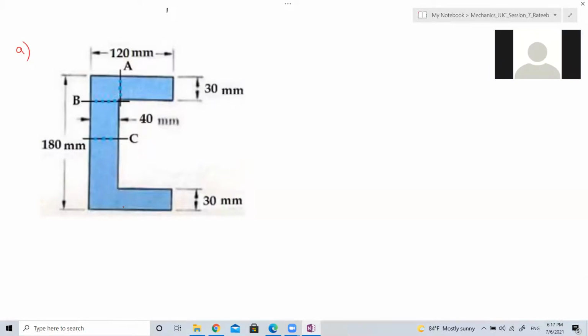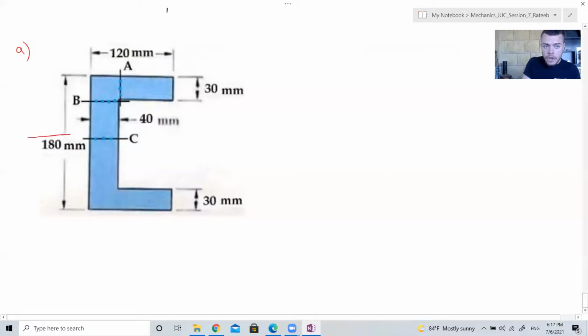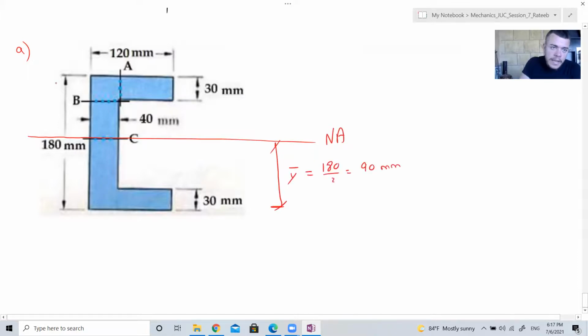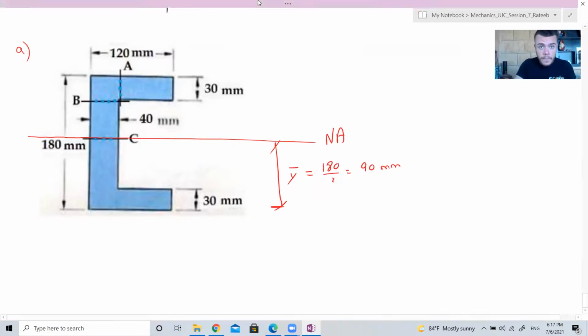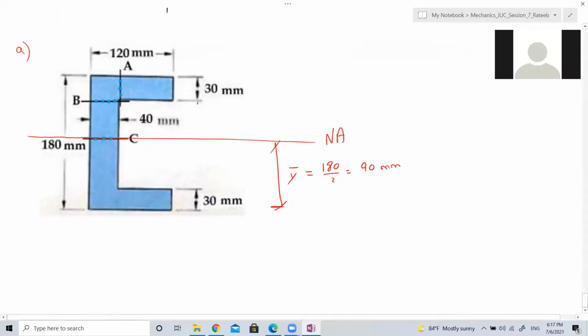It's in the middle, right, because this is symmetric. So the neutral axis is in the middle and y bar is equal to 180 over 2, which is 90. It's the total distance divided by 2. Correct. Then this distance from here to here is 60 and this is 60.